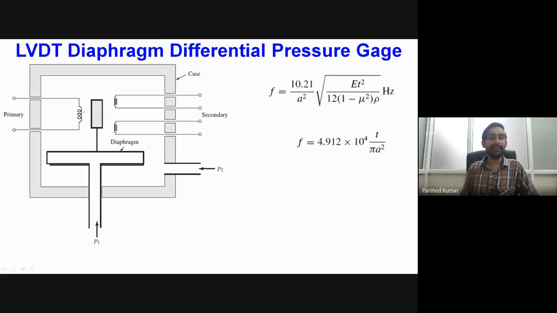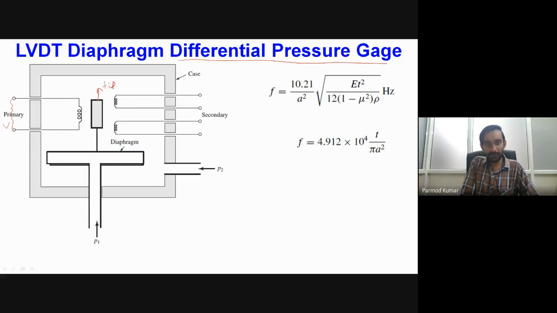Another type of arrangement can be employed when we have a diaphragm with some pressure inside and another pressure outside. This type of diaphragm is particularly used for measurement of differential pressure. In this diaphragm we have an inductive tip, and across the periphery of this tip we have a primary coil to which we give a certain voltage.